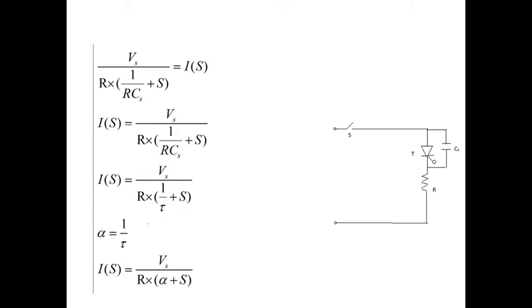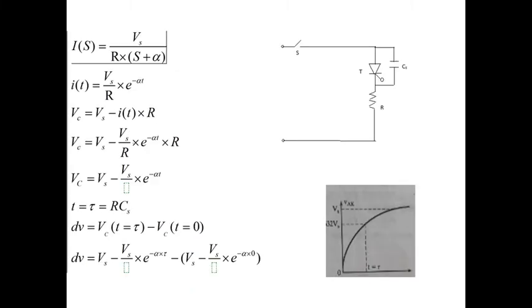I am assuming RcS as one symbol tau, and 1/tau as alpha. So I(s) = Vs/R · 1/(s + alpha). So this is in a standard format.